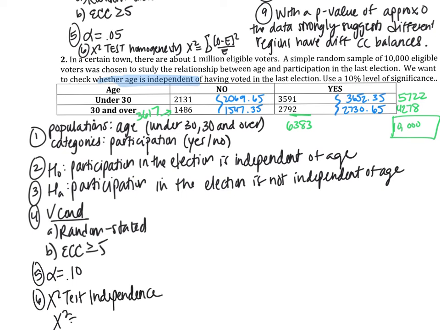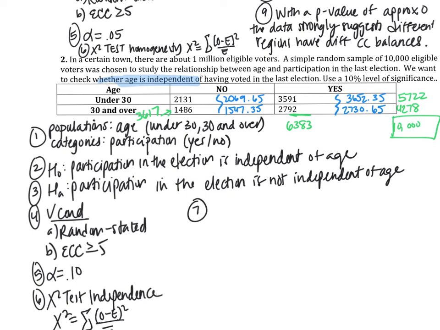Here's our formula. And step 7, we're going to calculate that chi-squared value. So you are going to hit second matrix on your calculator. Tab over to edit. We have a 2 by 2 matrix here.